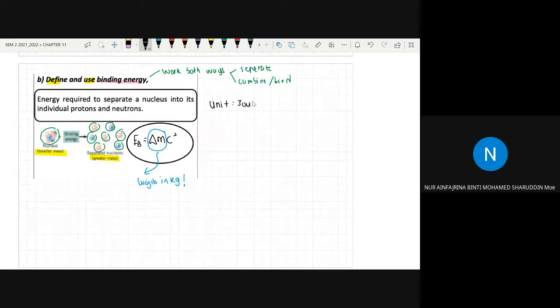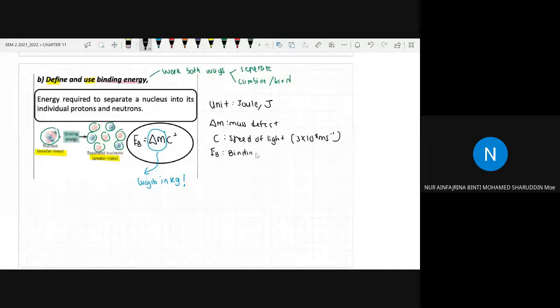Unit is joule. Where delta M is mass defect, and then C is speed of light. Speed of light, the value is constant, which is 3 times 10 to the power of 8 meter per second. And also, EB is binding energy. Okay, can?